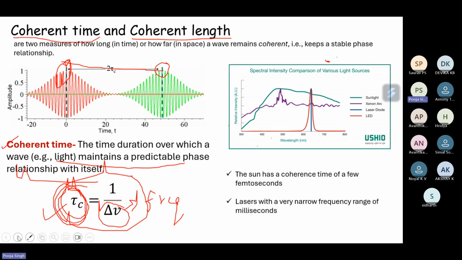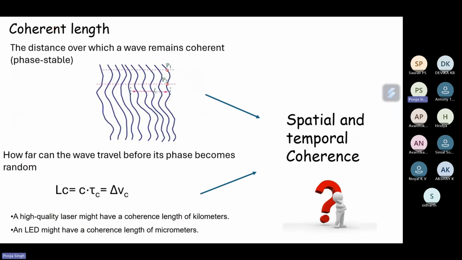Next, what is important is the coherence length. Previously we were talking about the time-based; now we are talking about the length-based. The coherence length is the distance over which a wave remains coherent. That means the phase will be stable up to what distance?